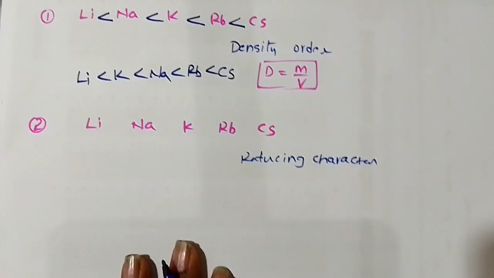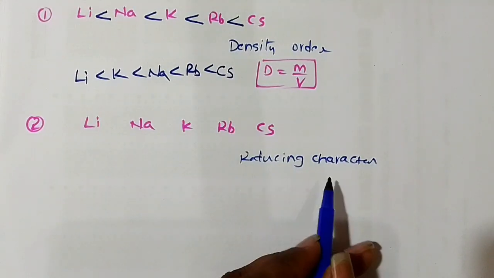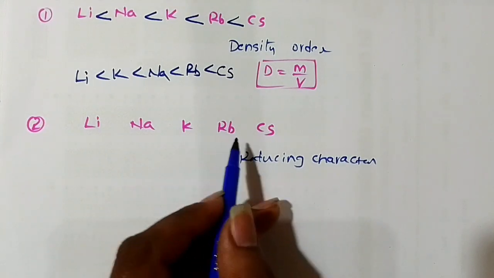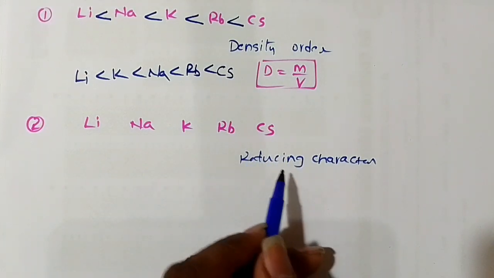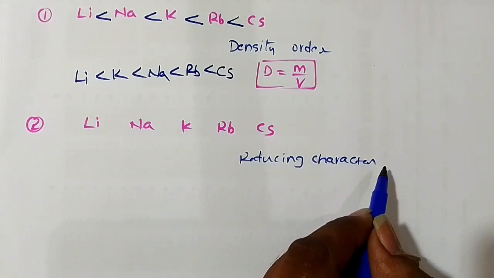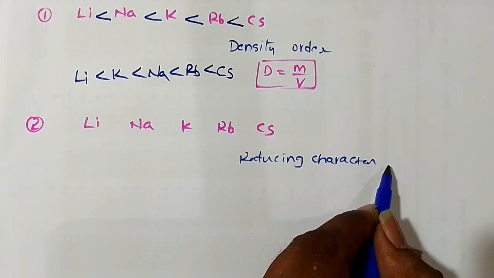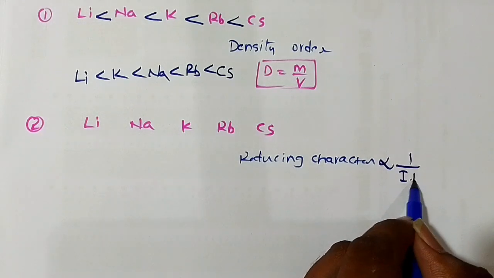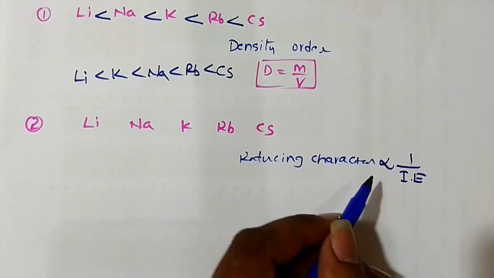Now coming to the second question, we have to find out the reducing character order of the first A group elements lithium, sodium, potassium, rubidium, cesium. Reducing character depends on ionization energy. If the ionization energy is less, reducing character is more.